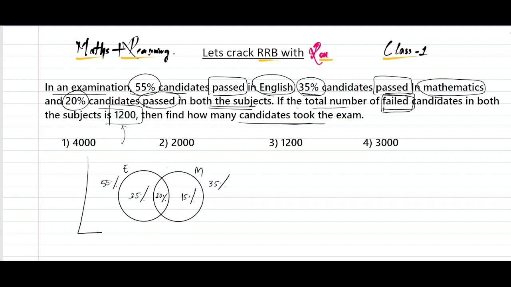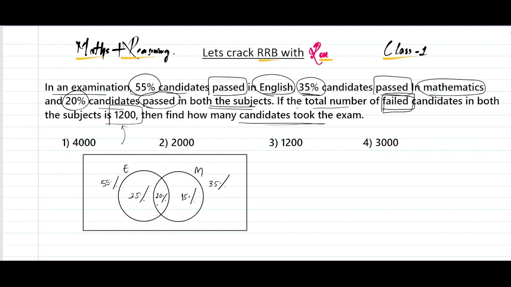If I draw a complete picture here, the people in the circles are the people who passed in at least one exam. This 35% is the people who passed only English, this 15% passed only mathematics, and this 20% passed both the exams.